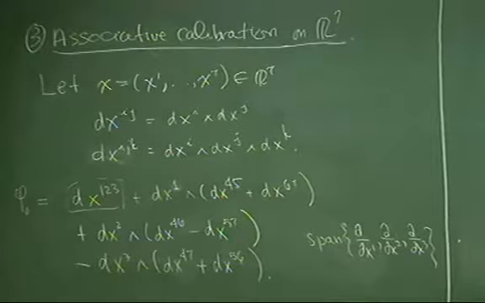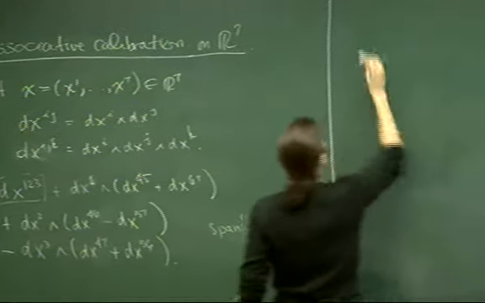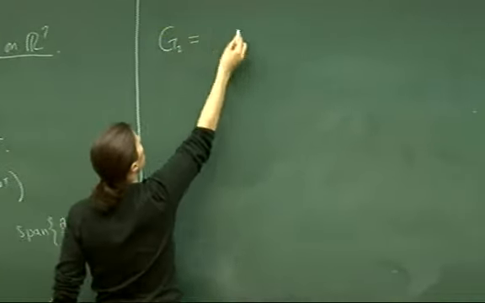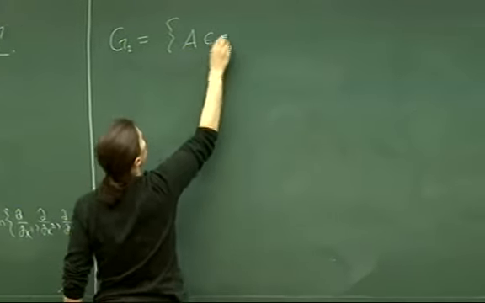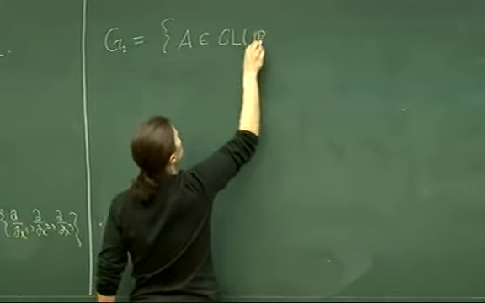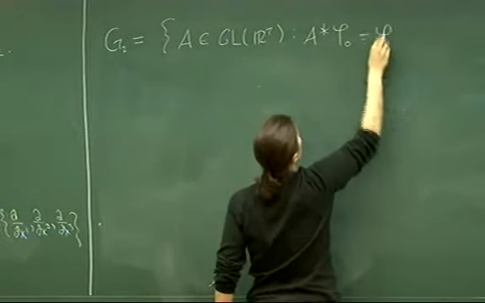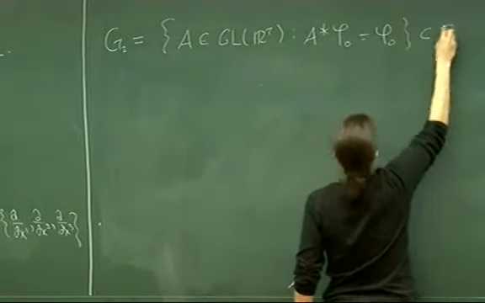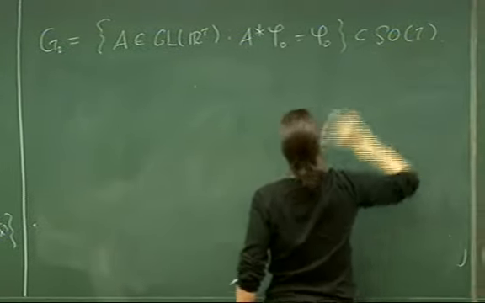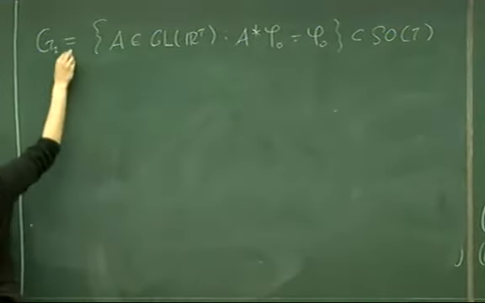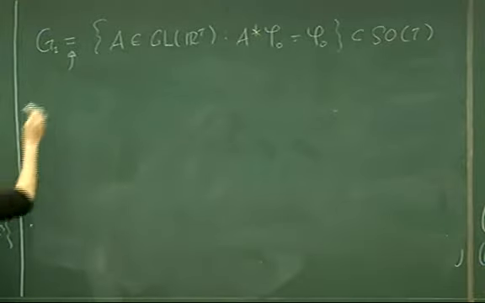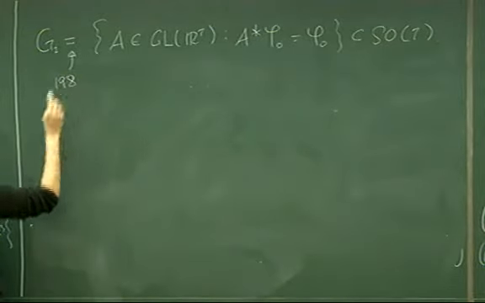Okay. Now, G2 is precisely the set of linear transformations on R7 that preserve phi naught. And this sits inside the special orthogonal group. This characterization of G2 is '87?